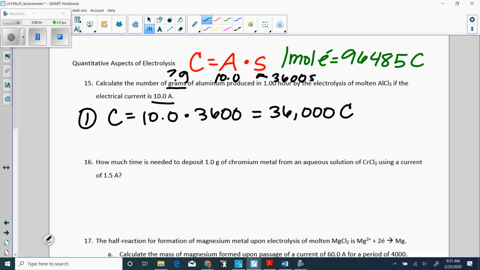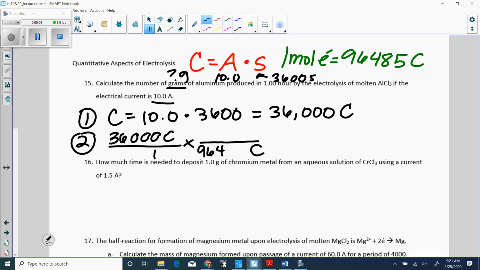Now watch this. I'm going to play a conversion game. Always start with what you know over 1 in a line. Coulombs on top means coulombs on bottom. The conversion factor I have is 96,485 coulombs are in 1 mole of electrons.